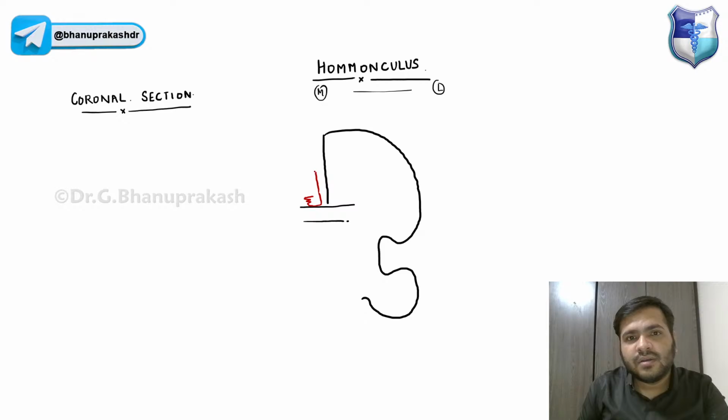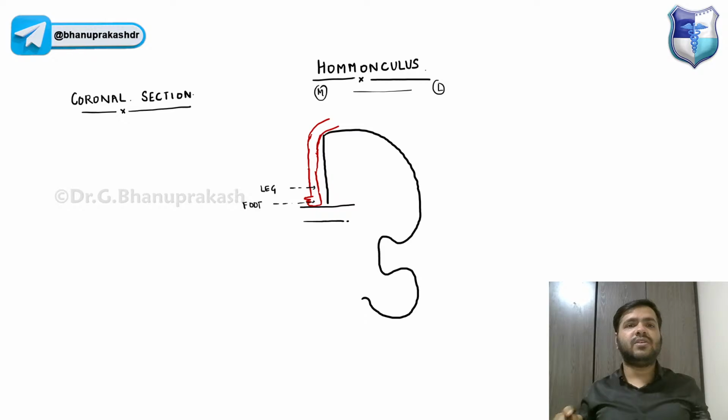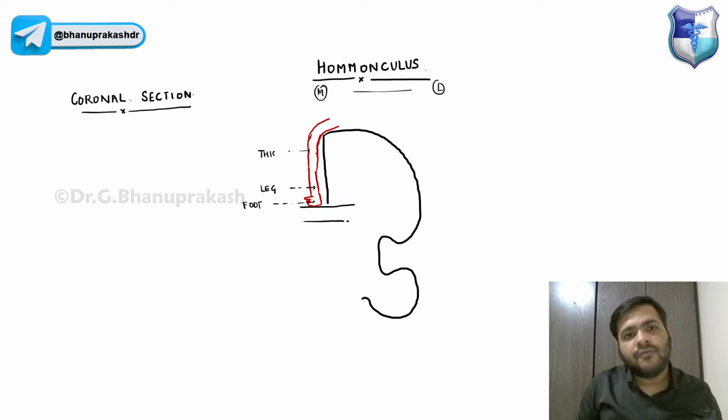Above the foot we have the leg, from the knee joint to the ankle joint. Above it we have the thigh, from the hip joint to the knee joint.